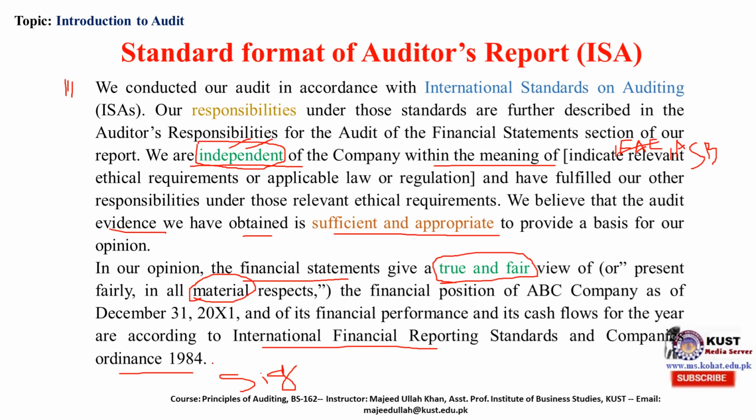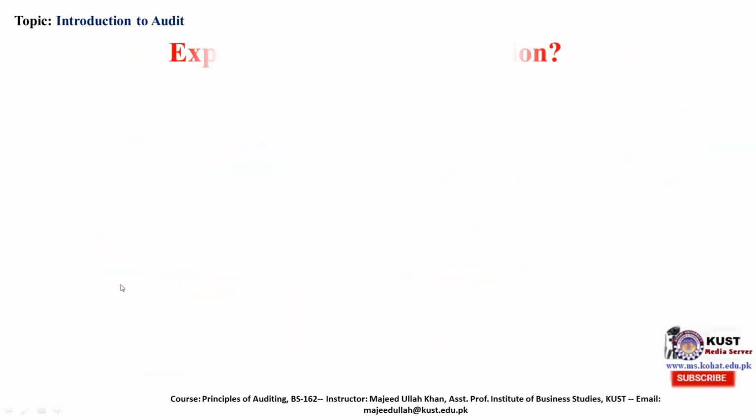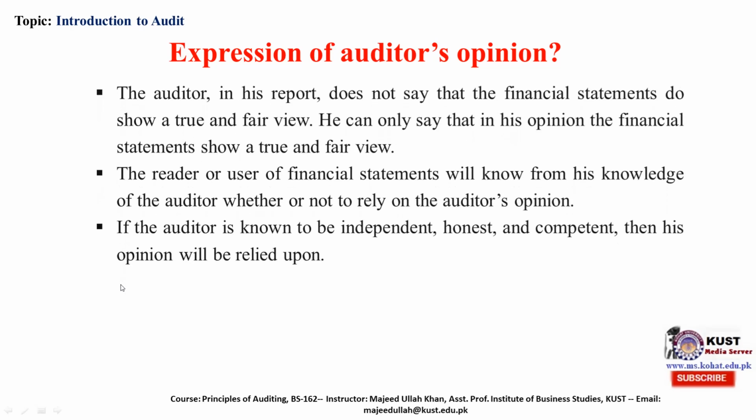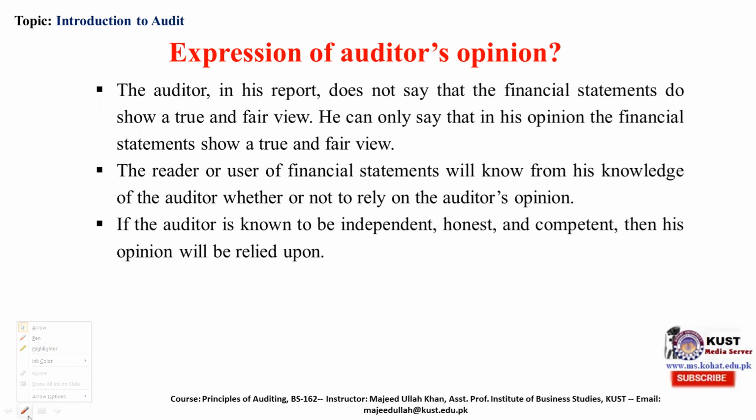Moving further, that was all about the fourth part, where the auditor gave the opinion. Expression of auditor opinion: the auditor in his report does not say that the financial statements do show a true and fair view. He can only say that in his opinion the financial statements show a true and fair view. Why in his opinion?